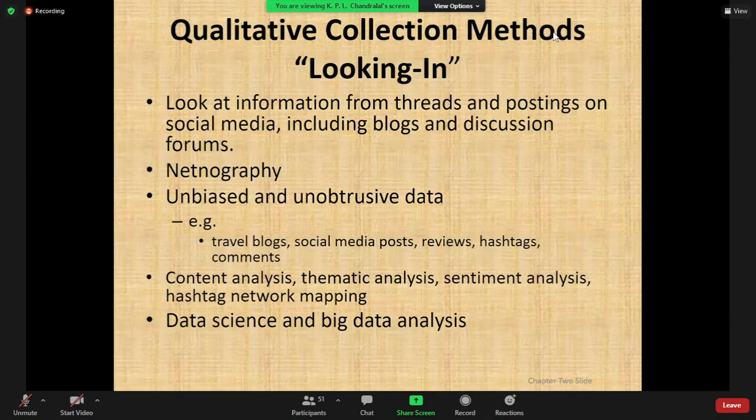Qualitative collection methods: looking in. That means looking at information from threads and postings on social media, including blogs and discussions. This is online, right? Analyzing online data. Sometimes people call it looking in, and another popular term, can you remember the previous one, ethnography. The electronic version of ethnography today is known as netnography.